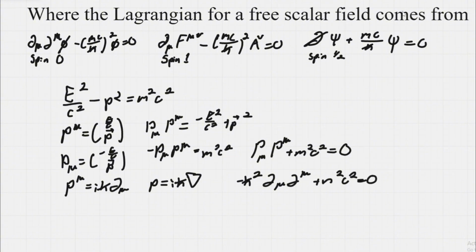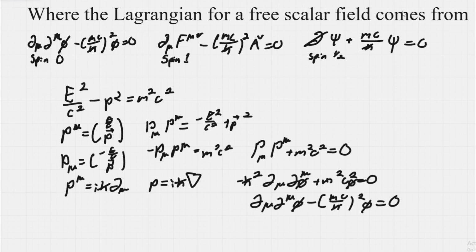And these derivative operators need something to act on, otherwise this doesn't tell us anything. So because this whole thing is 0, we can have them act on anything. So let's have them act on a field. Now, dividing by this negative h bar squared, we get the form ∂_μ ∂^μ φ minus (mc over h bar) squared φ is all equal to 0.